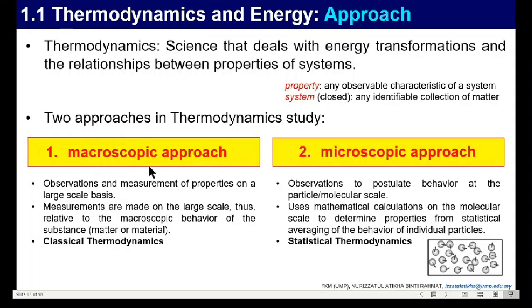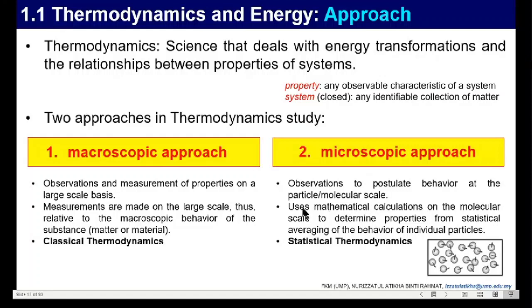In the macroscopic approach, observations and measurements of properties are made on a large scale, relative to the microscopic behavior of the substance, matter or material. It is also known as classical thermodynamics. And then we have the microscopic approach. It uses observations to postulate behavior at the particle or molecular scale.